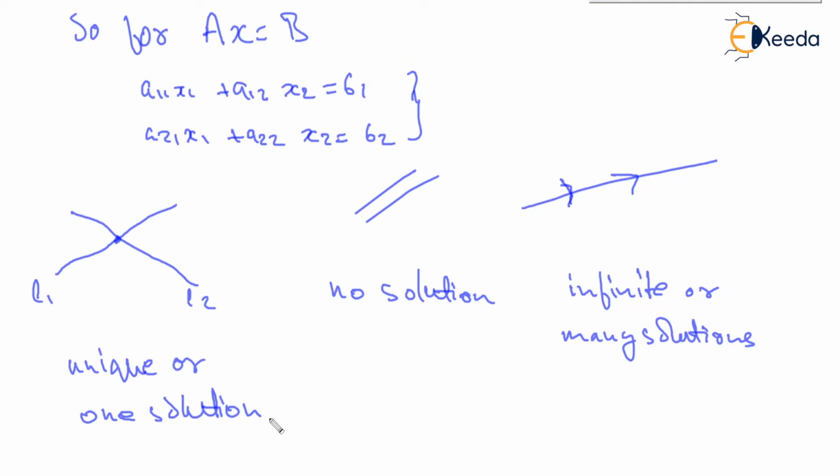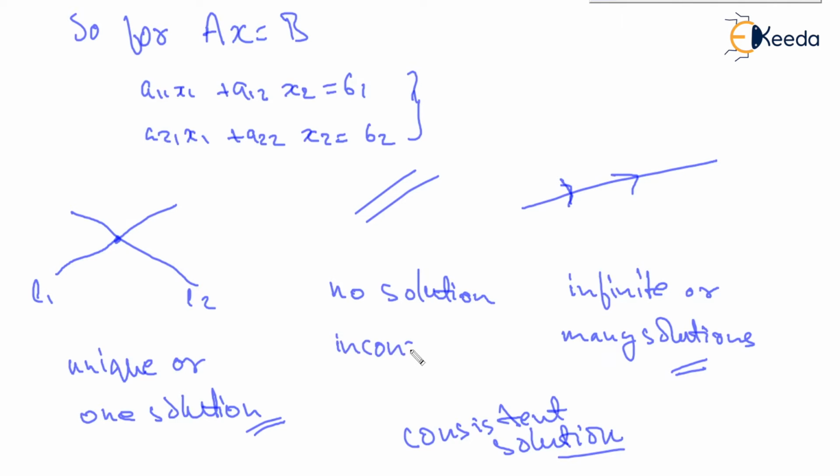So these two cases are the cases of consistent solution, which means the solution exists, whereas this is inconsistent, that is, the solution does not exist, right?